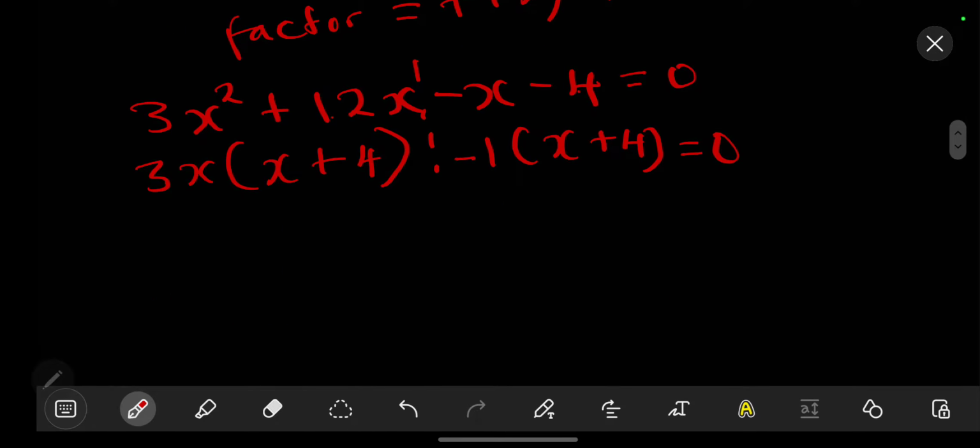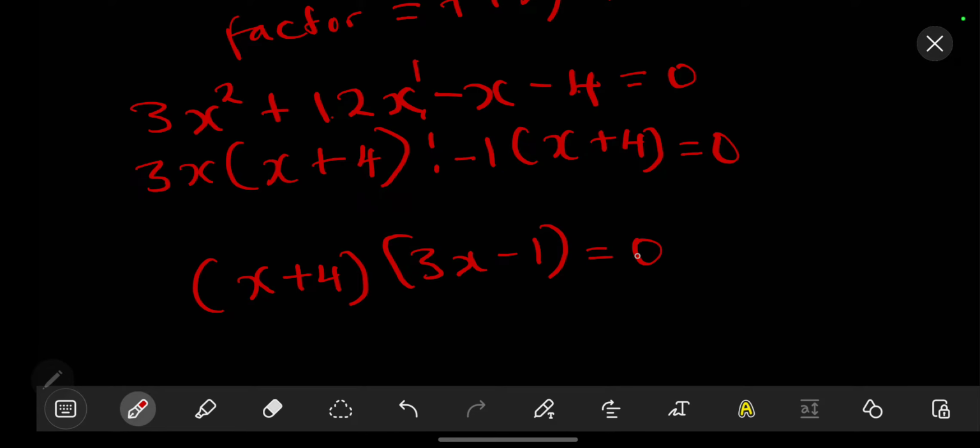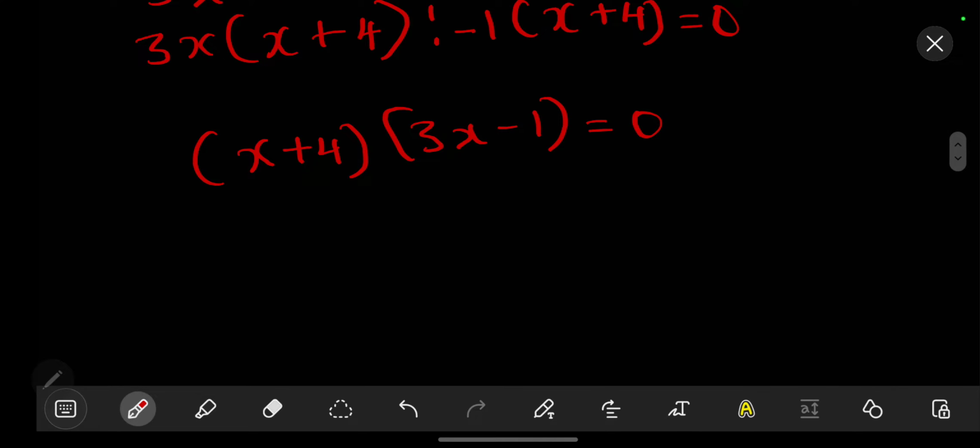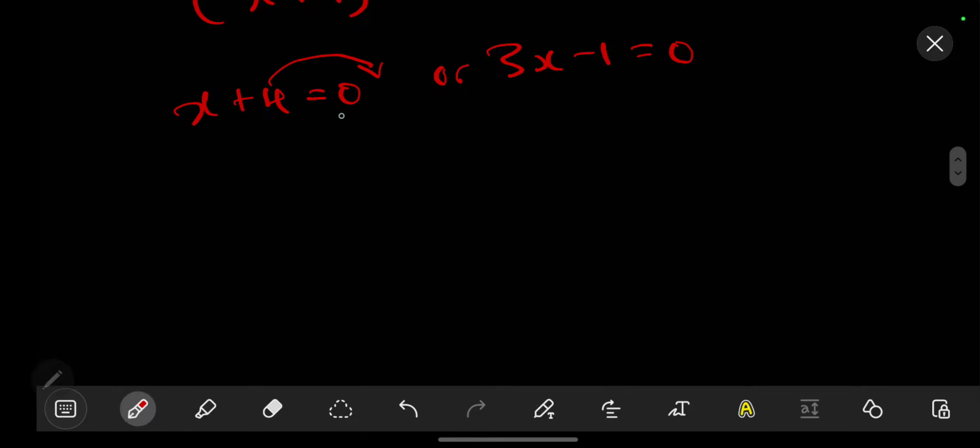Since what is in the bracket is the same, we have x plus 4, and what is outside is 3x minus 1. So this should be equal to 0. Now to find the values, we have x plus 4 equals 0, or 3x minus 1 equals 0. We take the 4 to this side, so x is equal to negative 4, or we take the 1 there, so 3x equals positive 1.